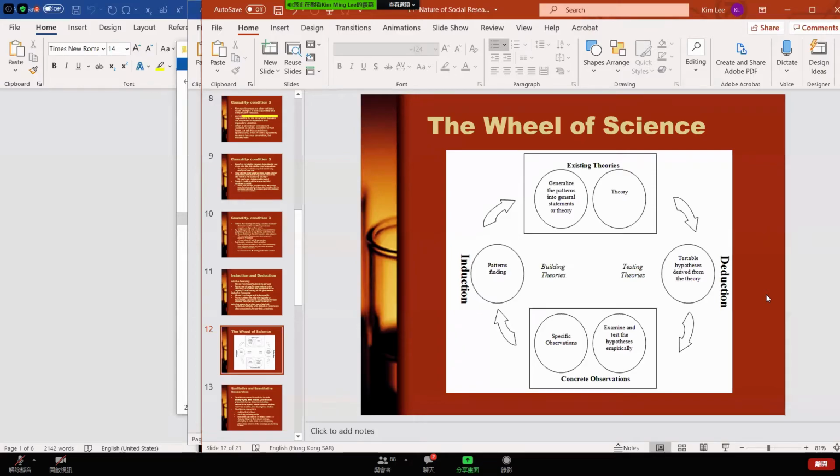So in this case, this is a very specific occasion. I am trying to deduce something concrete from the general, more abstract theory. Okay, so this is deduction. And we need to test it to see whether it is correct or not empirically.